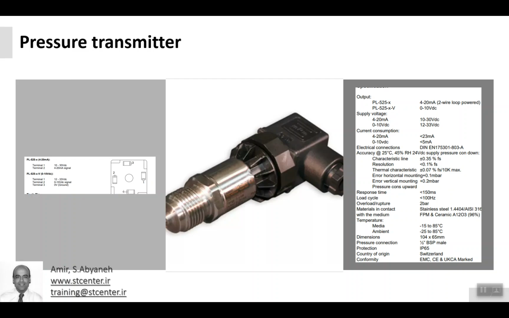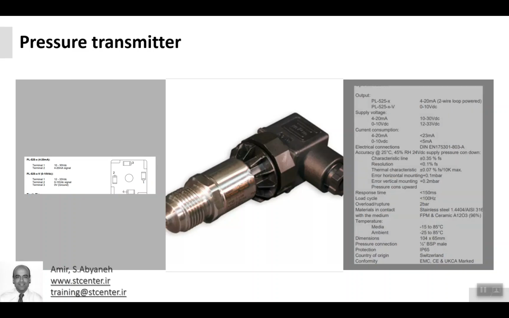Always go to the wiring information from the manufacturers to understand how to wire it, and also understand the datasheet of the sensors. Here you can see the input-output signal and also the pressure range that this pressure transmitter is going to supply.